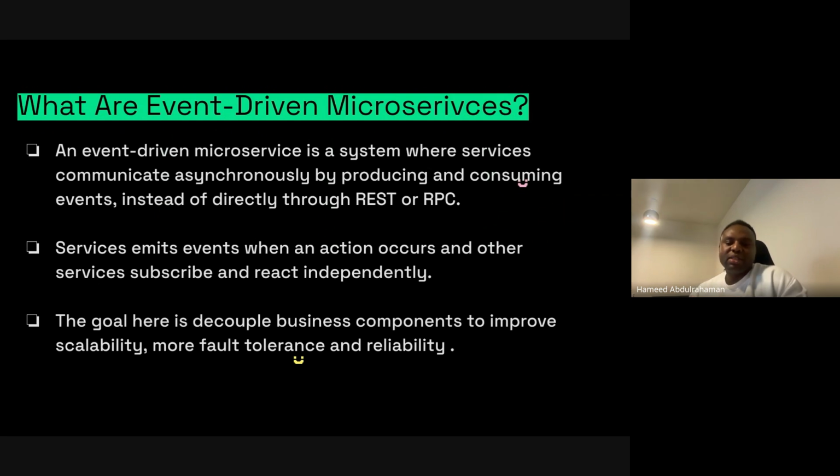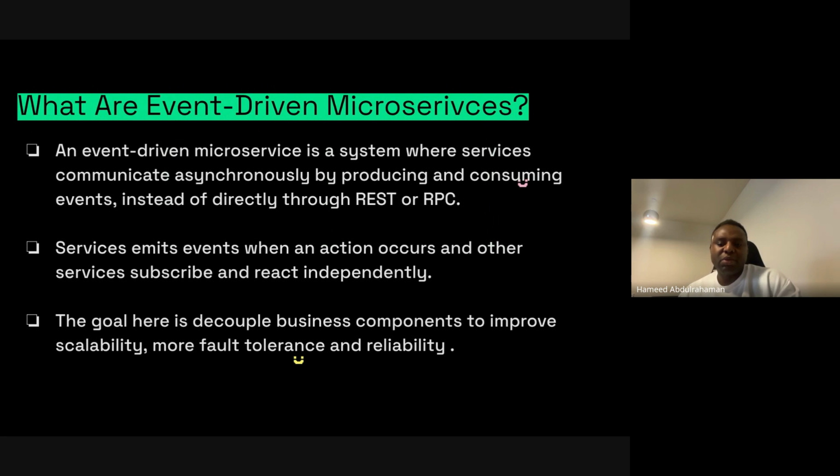So why is this important to us? First, a service emits an event, and it can then be read by various services. It's important to understand that these events are messages or communication that various services can read. And why is it important to the business of today?